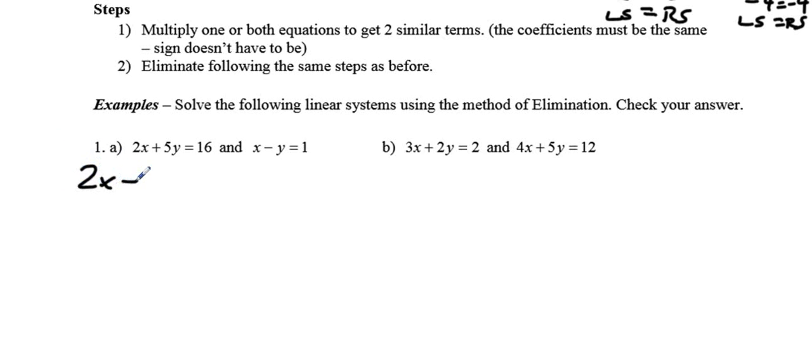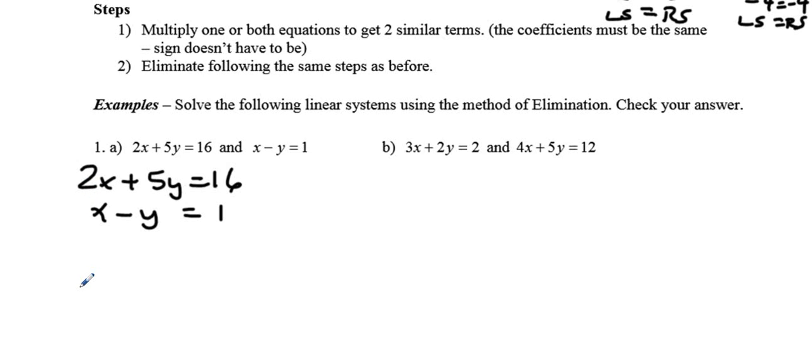We've got 2x plus 5y equals 16, and we've got x minus y equals 1. Well, no matter which one I choose, I'm not going to eliminate it when I do addition or subtraction. So I have to manipulate one or sometimes both equations so that I get a coefficient that's the same.